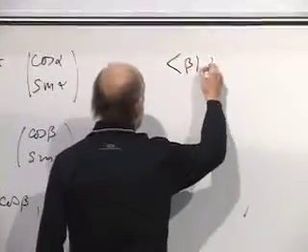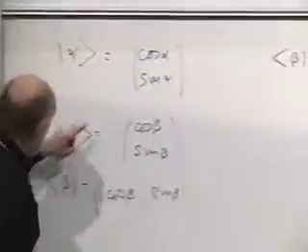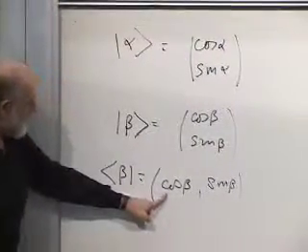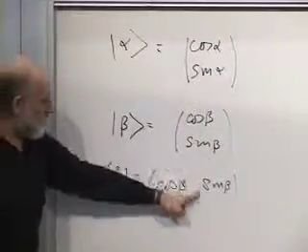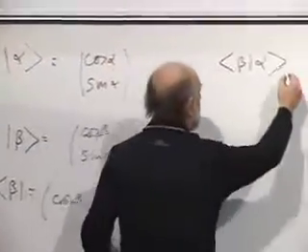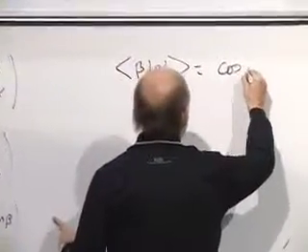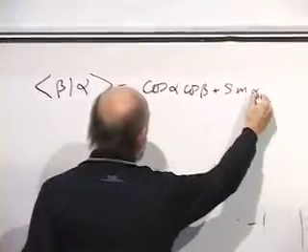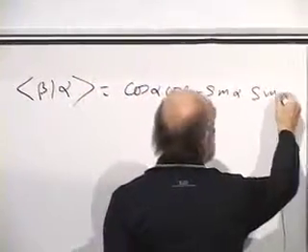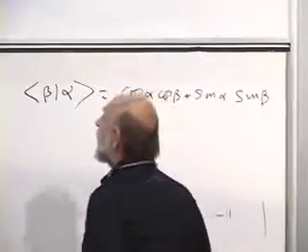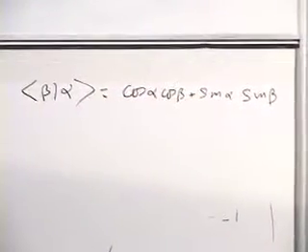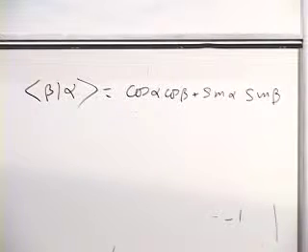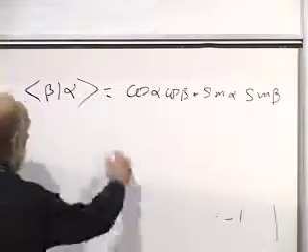It's cosine alpha times cosine beta plus sine alpha times sine beta. And lo and behold, that's the second formula, which is cosine of alpha minus beta.